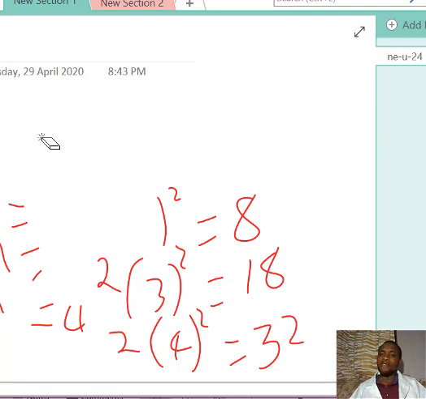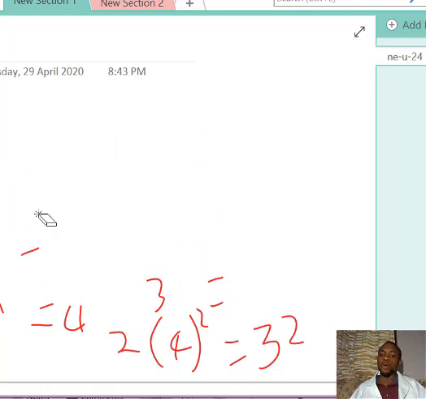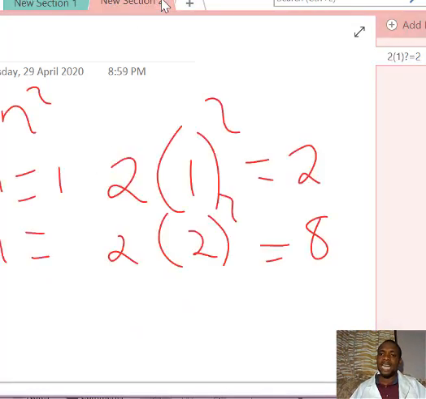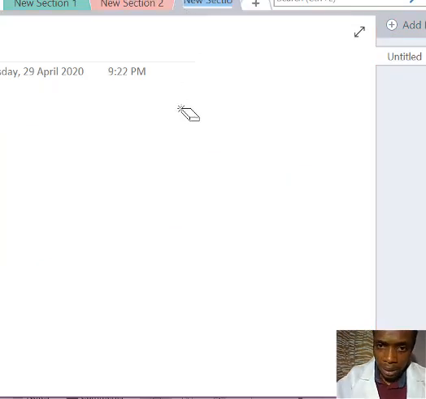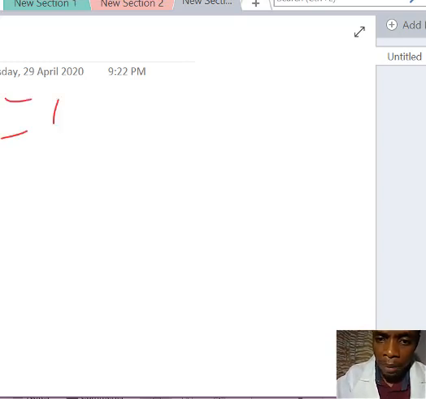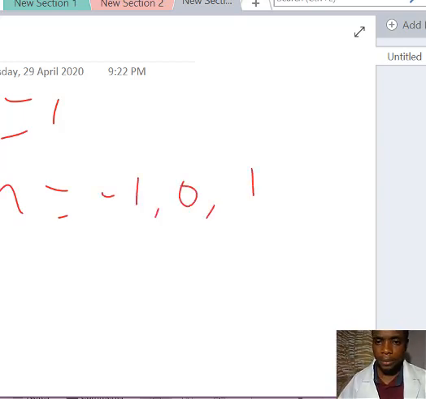Let's say our L is 1. If L is 1, it means our M is going to be minus 1, 0, and 1.